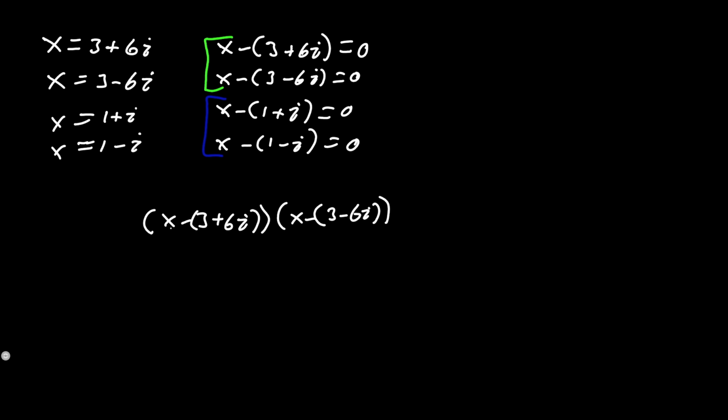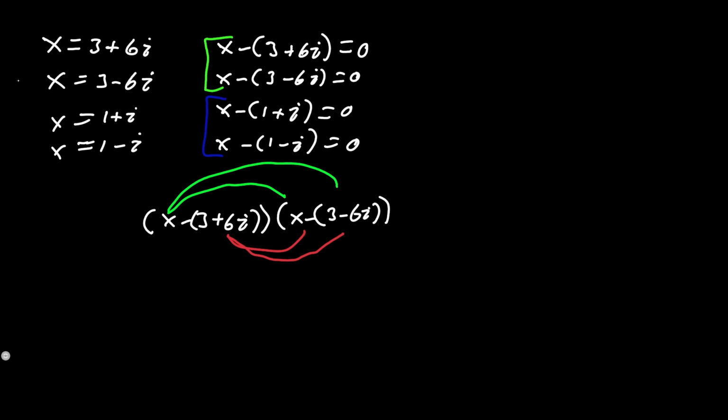And we will simply expand the whole expression by using the distributive property, which is x times x and x times 3 minus 6i, and 3 plus 6i times x and 3 plus 6i times 3 minus 6i.